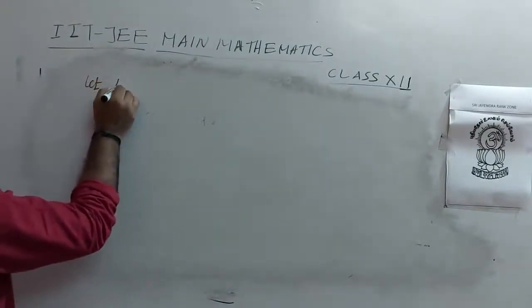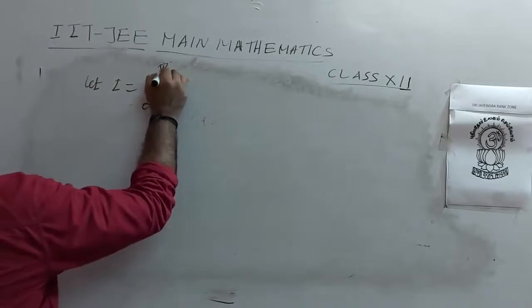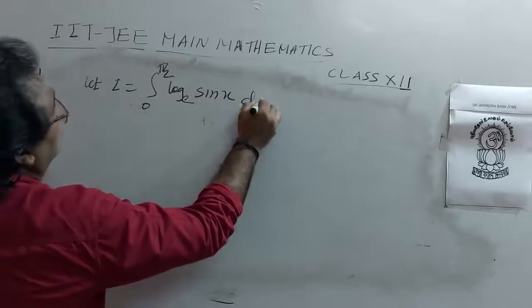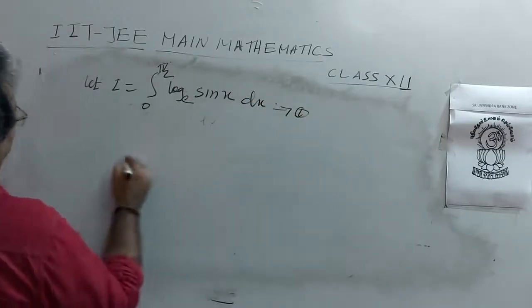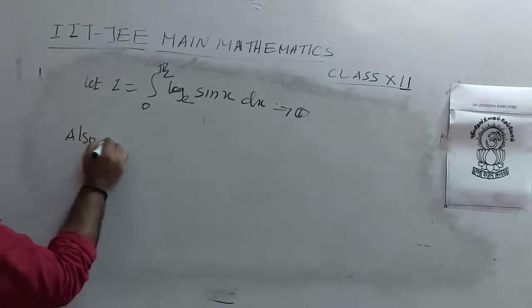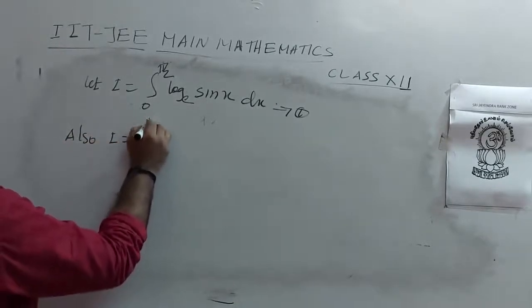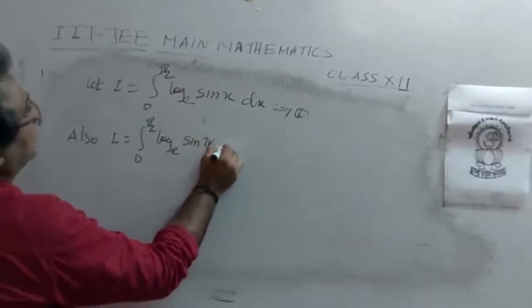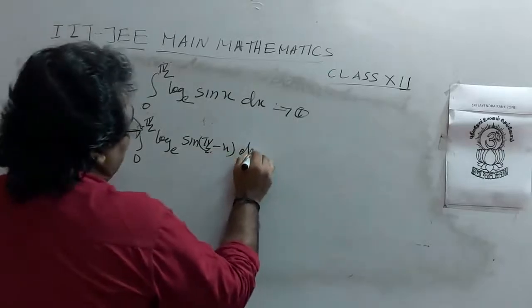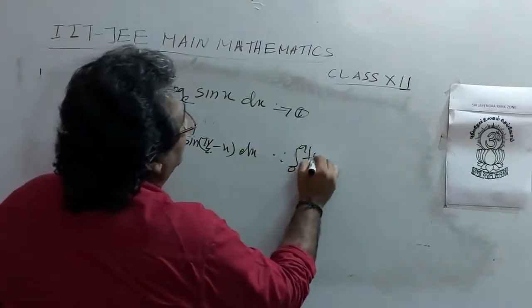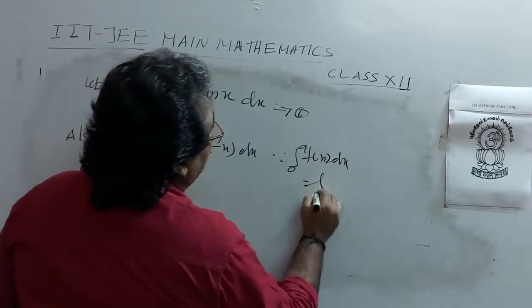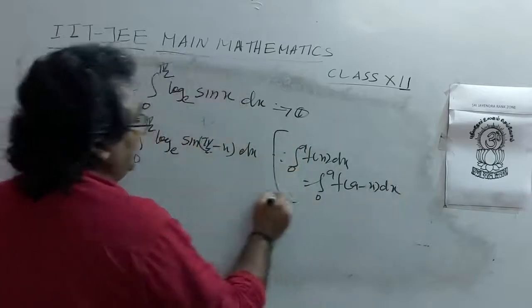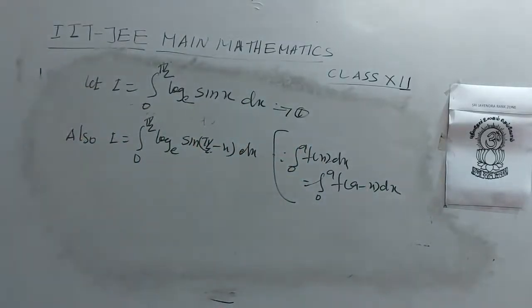Let I equal integral 0 to pi by 2 log sin x dx, let it be 1. Also I equals integral 0 to pi by 2 log e sin of pi by 2 minus x dx, since integral 0 to a f of x dx equals integral 0 to a f of a minus x dx.